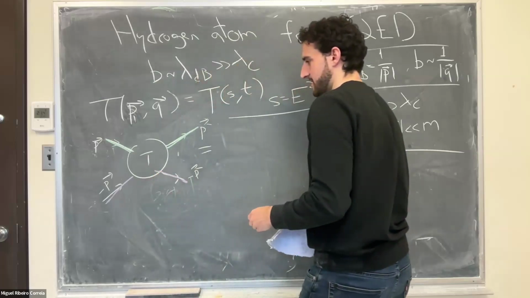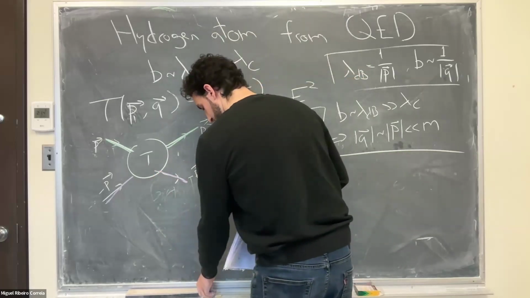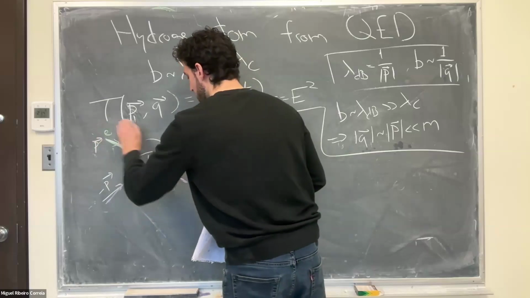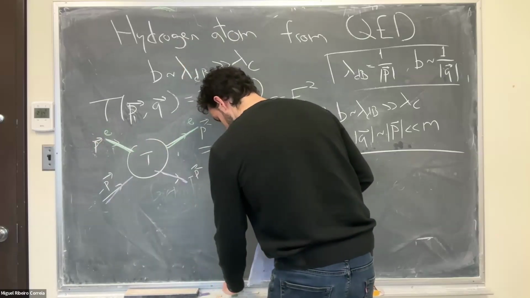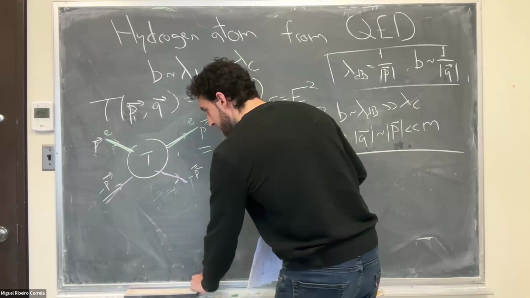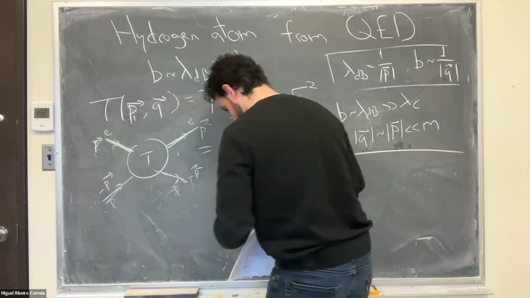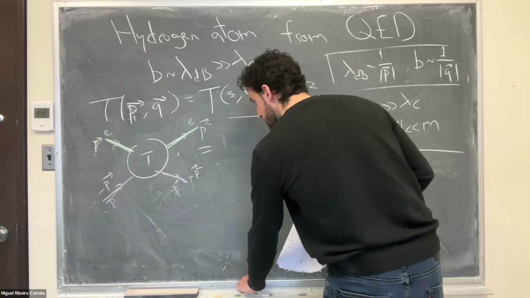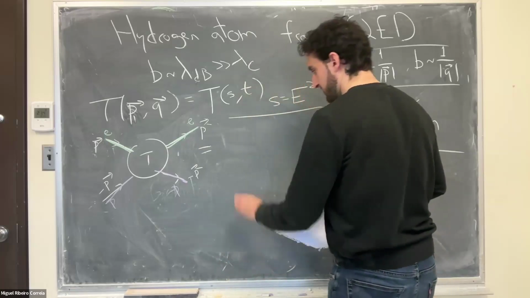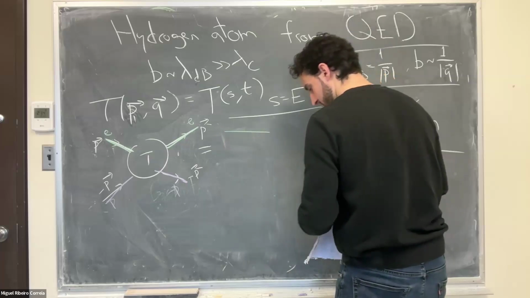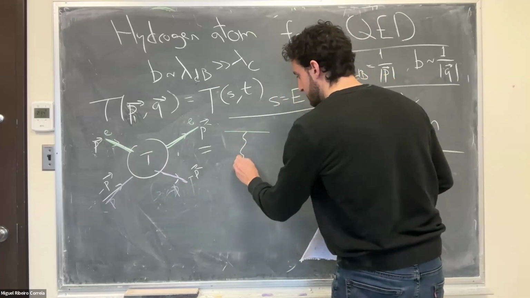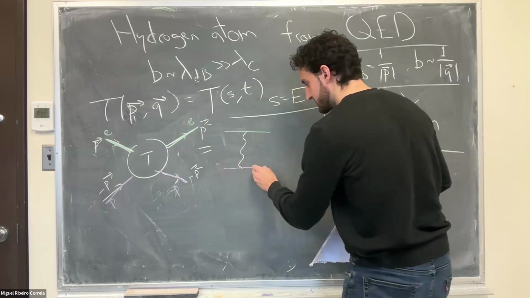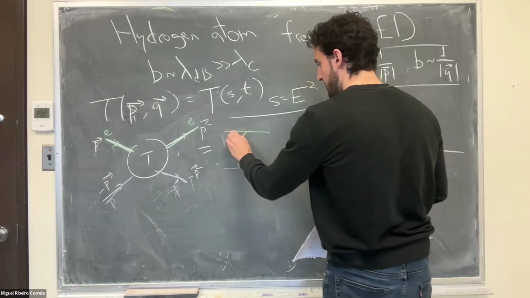So let's say this is the electron and this is the proton, and they have opposite charges, as we all know. Then the first Feynman diagram I can write is this one, where they exchange some photon.